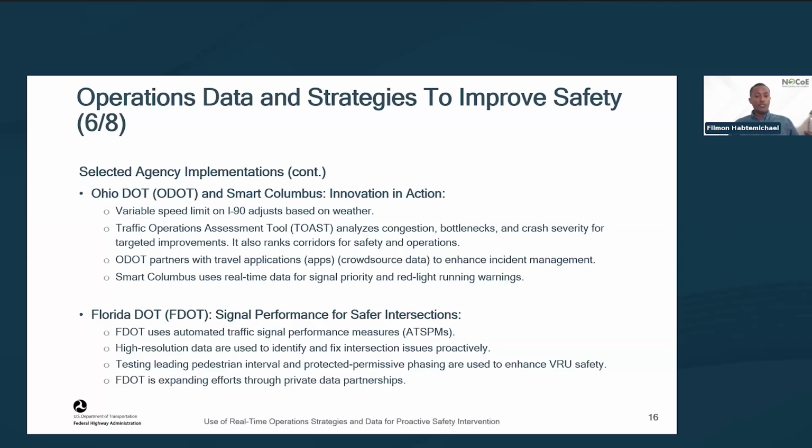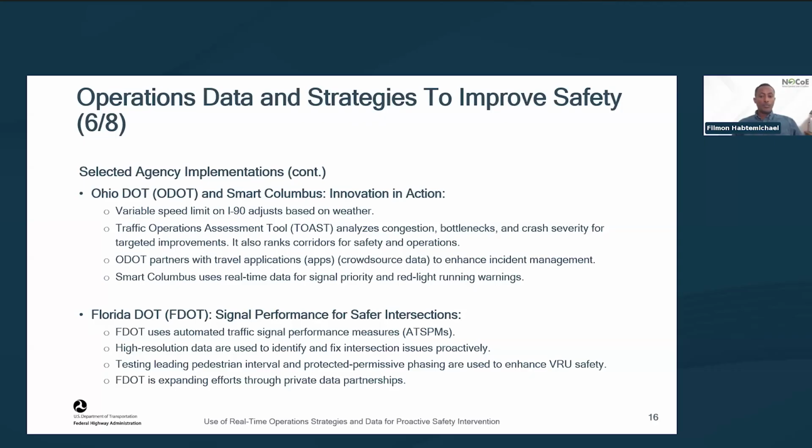They use automated traffic signal performance measures, the ATSPM. They have high resolution data, and that data is analyzed to identify any potential safety issues at certain intersections, and not only identify the issues, but also go ahead and fix them based on this high resolution data.